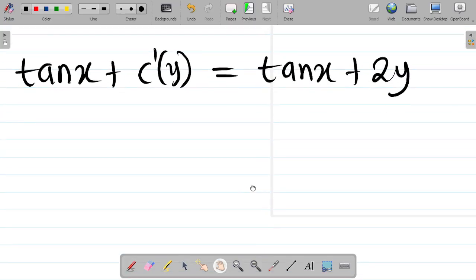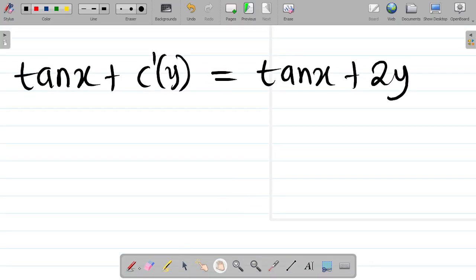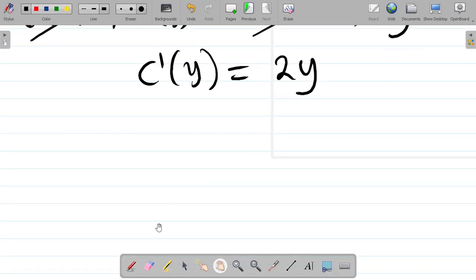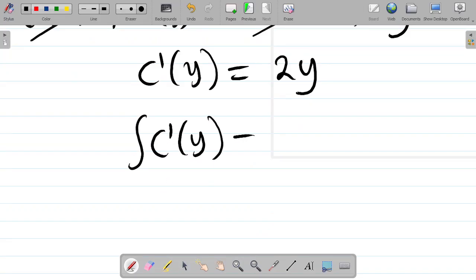At this point, let's solve for the value of c prime of y. And to do that, if you have the same thing on both sides of the equation, they can cancel out. So tan x can cancel tan x. You have that c prime of y is equal to 2y. After this, we want to get the value of c of y, and all we have to do is to integrate. If I integrate c prime of y, and also integrate 2y, all right?